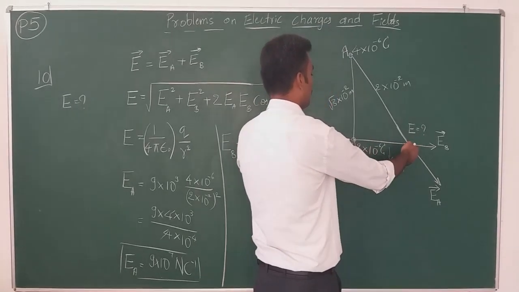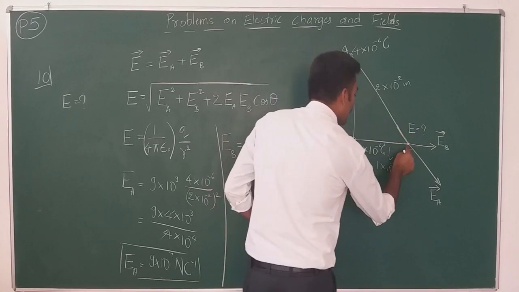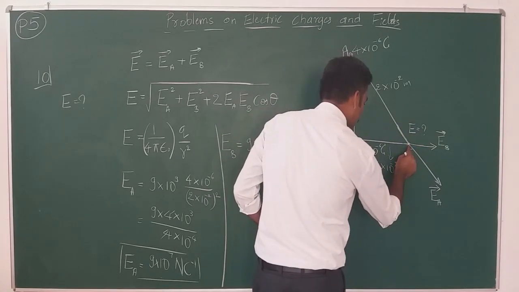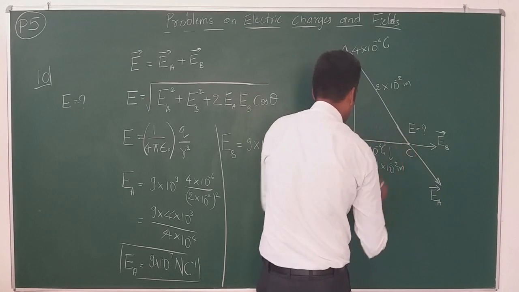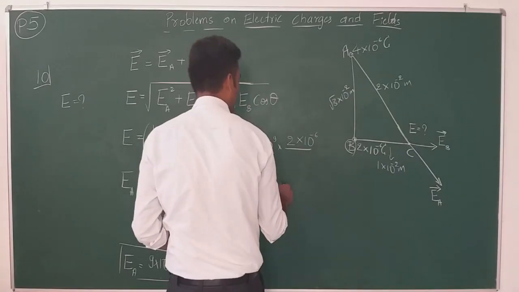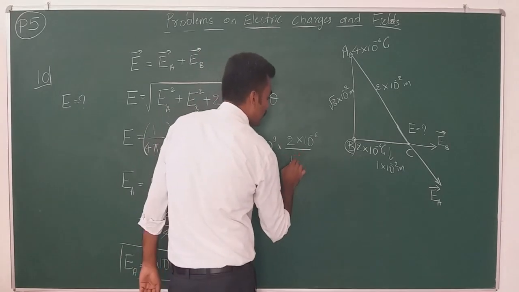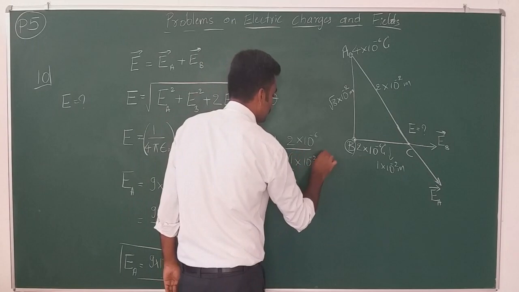Distance between B and C, BC. Because we are finding electric field at this point C due to this charge B. So the distance between the point and the charge shall be considered, which is 1 into 10 to the power of minus 2 squared.